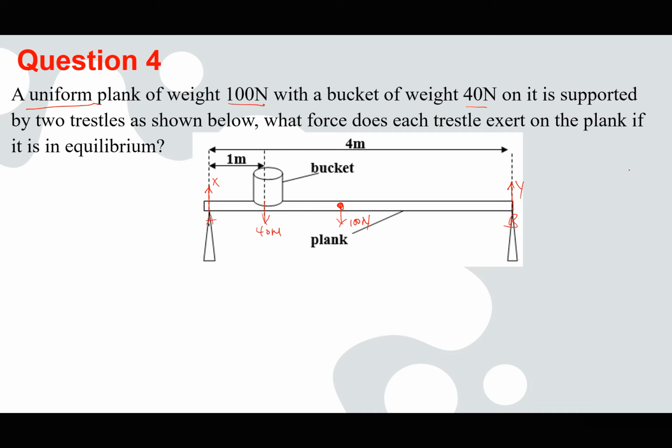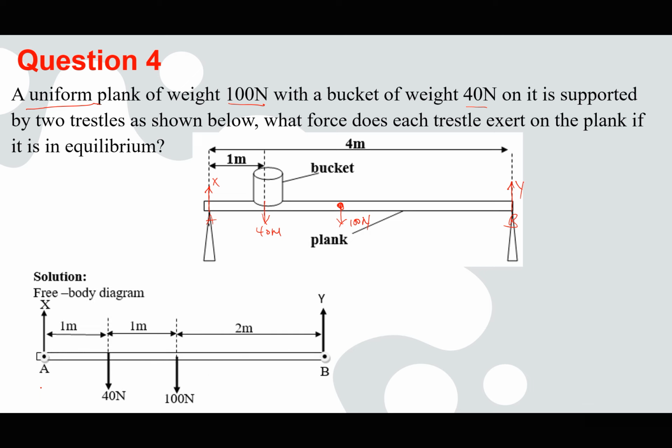Number two, the sum of clockwise moments about a given point will be equal to the sum of anticlockwise moments about the same point. So since the body is in equilibrium, the moments must balance and the forces in opposite directions must also be equal. So the free body diagram, or a diagram which shows only forces, could look like this.